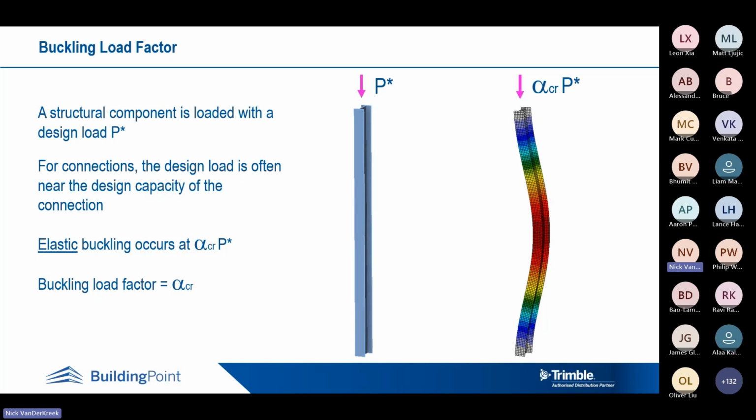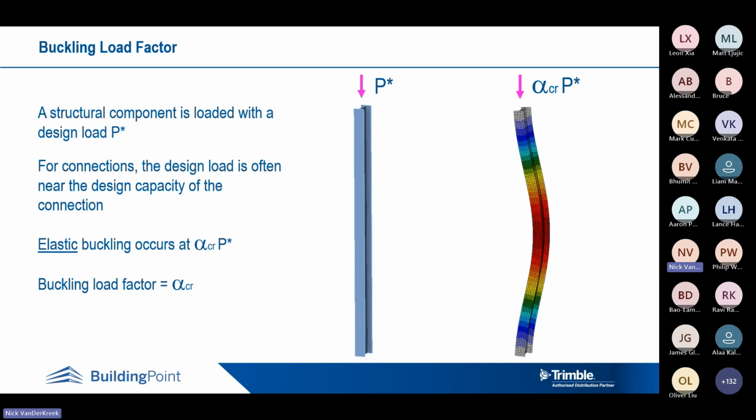But essentially, the buckling load factor in this context is: we have a component in the structure. I'm illustrating a column, of course, but it could be anything else like a connection. And I have some loading on it. In a connection, it would often be moment, shear force, axial force, and so forth. And so we have a loading combination and perhaps a whole series of those.